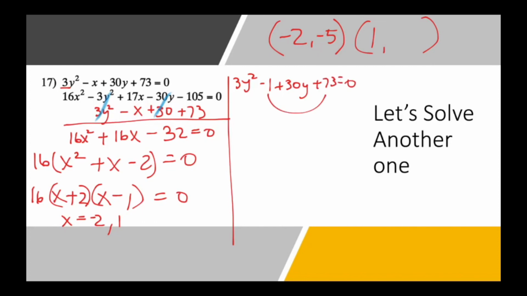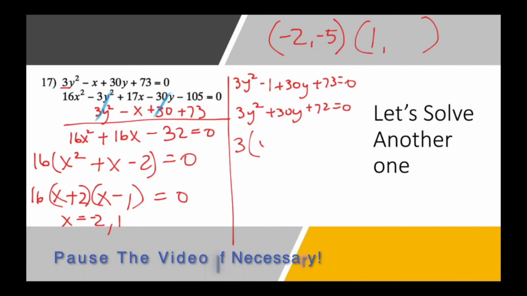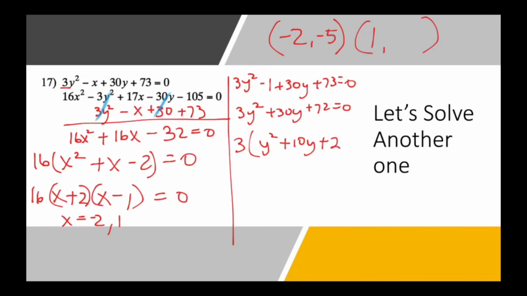Let's combine those. 3y squared plus 30y plus 72 equals 0. Take a 3 out. We'll have y squared plus 10y plus 24 equals 0. Let's factor that one.